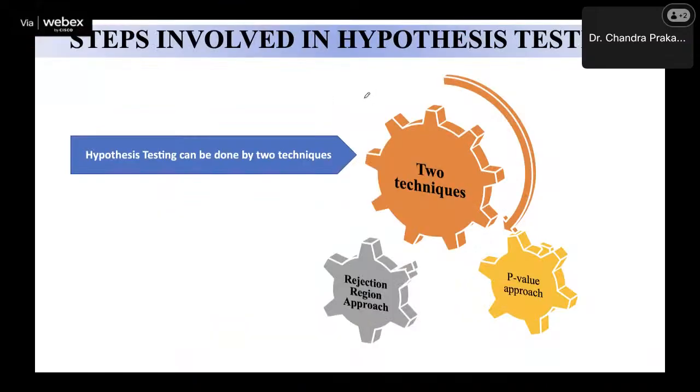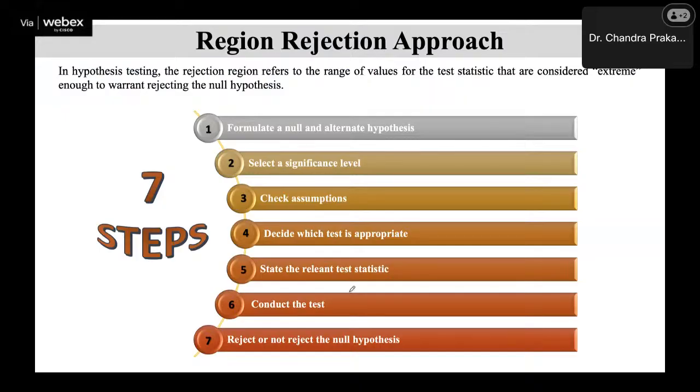Now, the steps involved in hypothesis testing. Hypothesis testing can be done in two ways: one is based on the rejection region approach, as I was telling you, and another is the p-value approach. So let's see what the rejection region approach is. In hypothesis testing, the rejection region refers to the region of values for the test statistic that are considered extreme, for which we reject the null hypothesis.